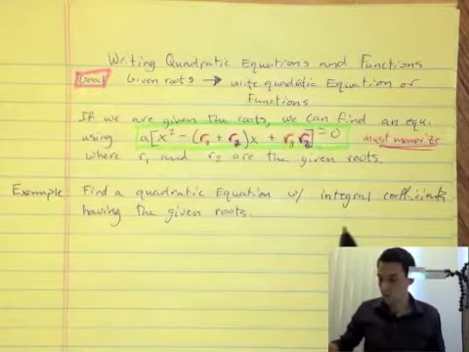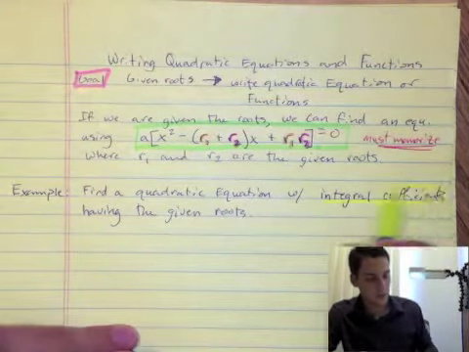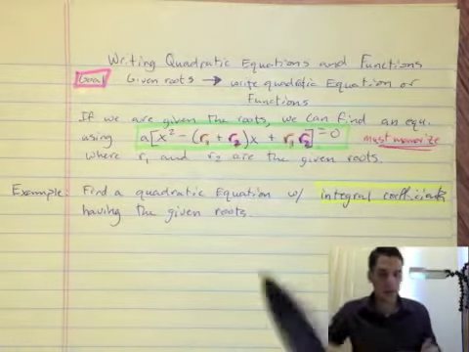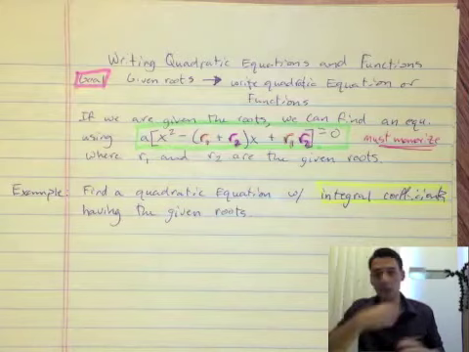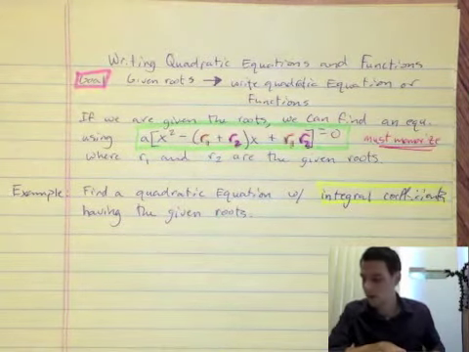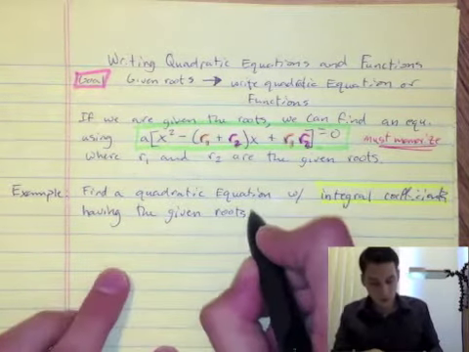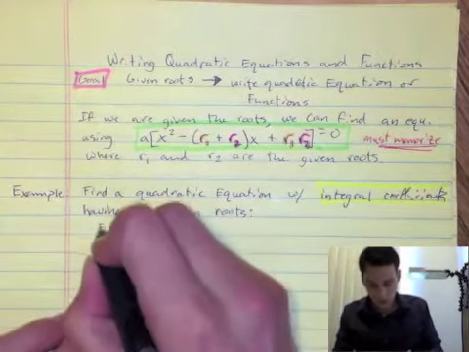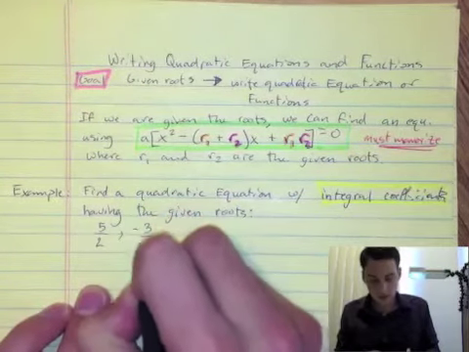First I want to talk about integral coefficients. Sounds weird, but all it means is the coefficients of our equation have to be integers. You can say integer coefficients, but they choose to word it like this: integral coefficients. And the given roots are 5 halves and -3 halves.